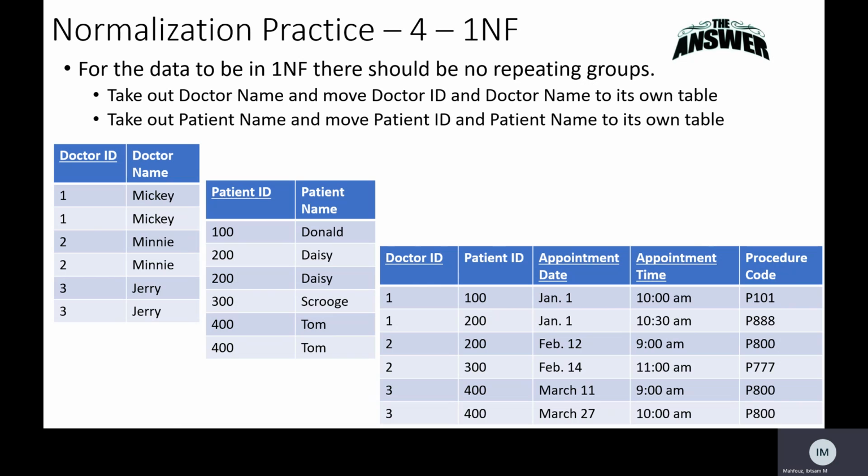Now the question is, do I have any partial dependencies? The patient ID, does the patient ID depend on anything here? No. Does the procedure code depend on anything here? Well, the procedure code is going to depend on the patient somehow, right?